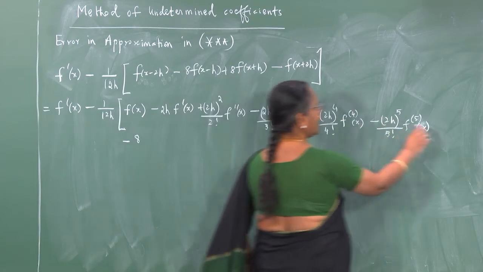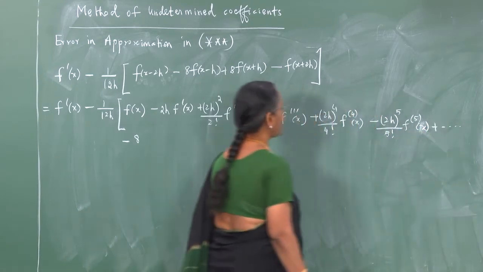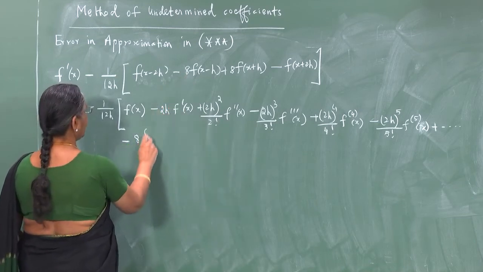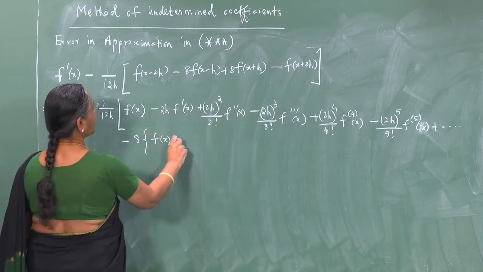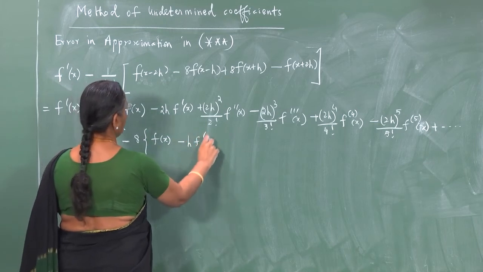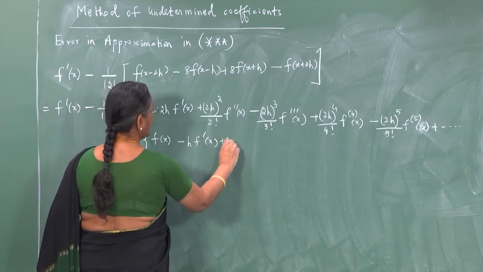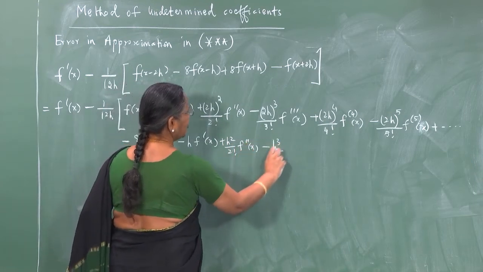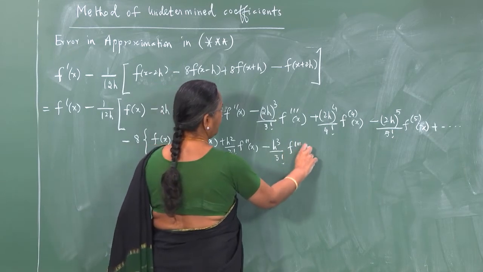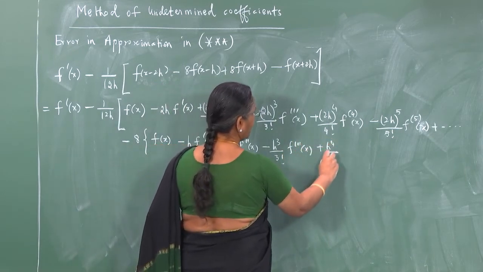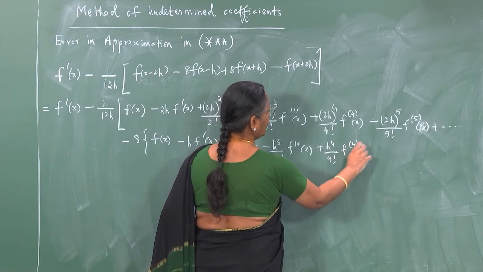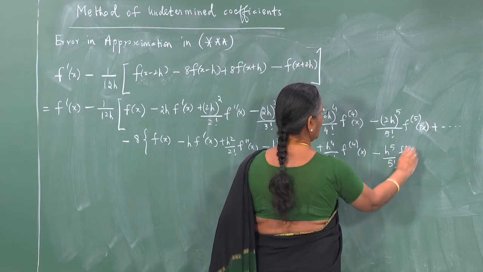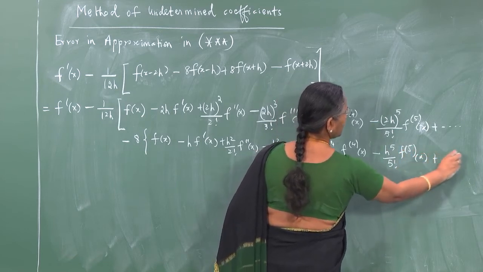So, I shall just write this and say plus etc. and then continue to write down this term, which is minus 8 times f of x minus h f prime x plus h square by factorial 2 f double prime x minus h cube by factorial 3 f triple prime x plus h power 4 by factorial 4 into fourth derivative at x minus h power 5 by factorial 5 into fifth derivative of x plus etc.